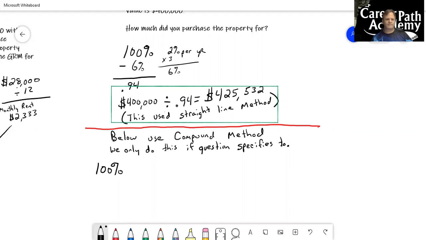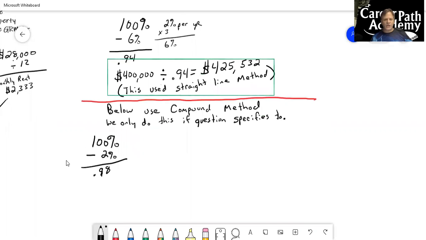We know it's depreciation, so we're going to subtract. But instead of 2% per year, you're going to have to do it once for each year, so it's going to be 2%. And that leaves us 0.98. Now we're going to have to do this problem once for each year.